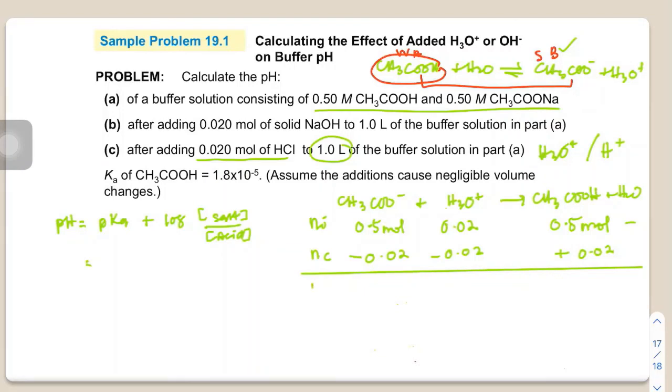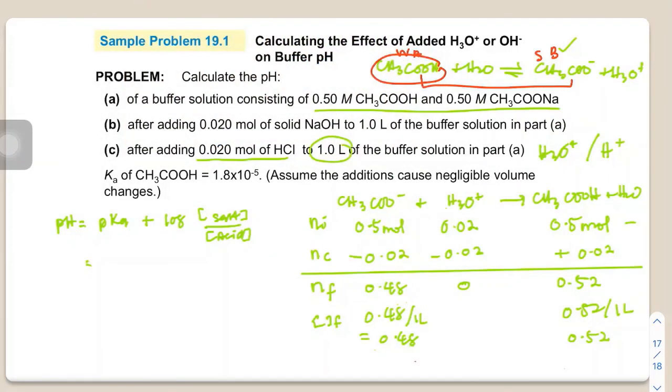So the amount final will be 0.48, 0.52. Concentration final will be 0.48 over 1 liter, 0.52 over 1 liter. So it is equal to 0.48, 0.52.